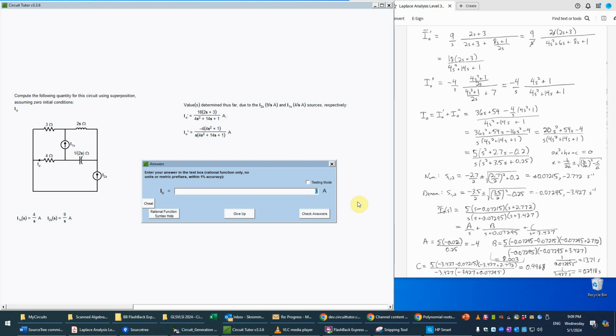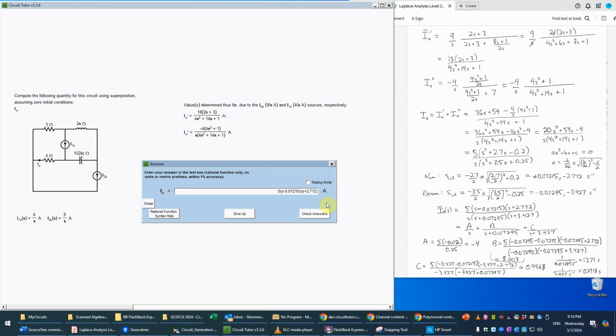So we'll type 5 times s minus 0.07215. And of course, always be careful with your 5s and your s's, because if you're not real distinct on those, you could get them mixed up and make a mistake. Okay, and then we have s plus 2.772.